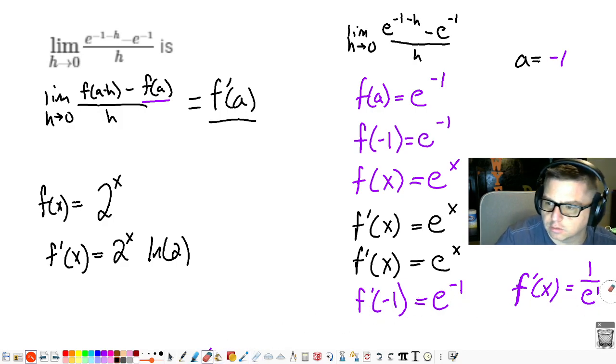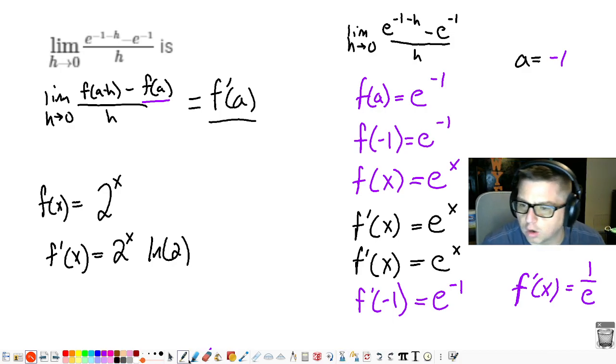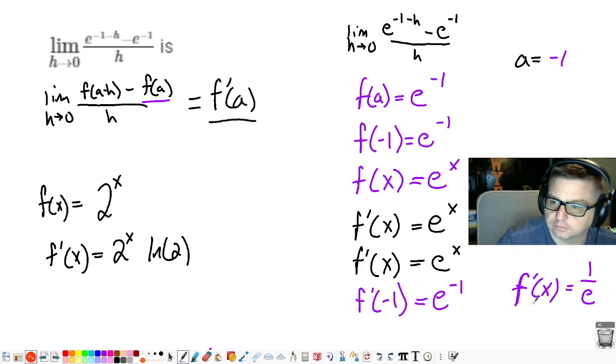And actually, we don't even need the 1 because that's redundant as well. So you might see the answer as being just 1 over e. And it probably will give you a -1 here as well.